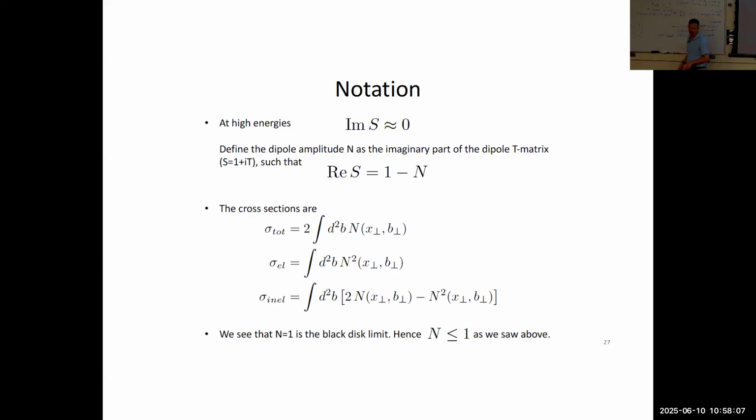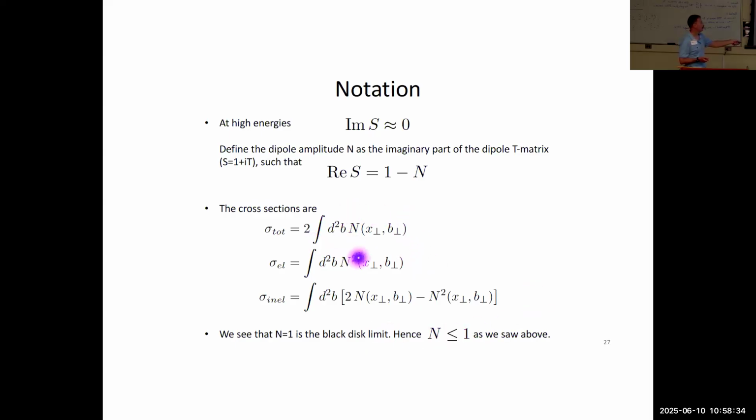So when N approaches 1, that means the S matrix approaches 0, which is exactly the black disk limit we just talked about. Or, another way of putting it, one can rewrite those cross sections, total, elastic and inelastic, in terms of N instead of S, and get these formulas here.